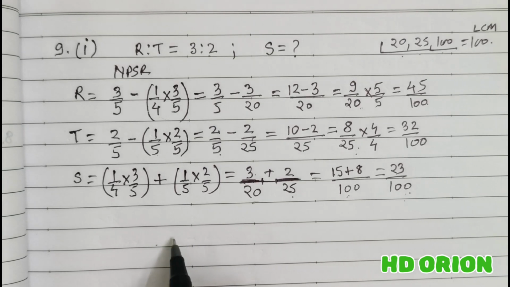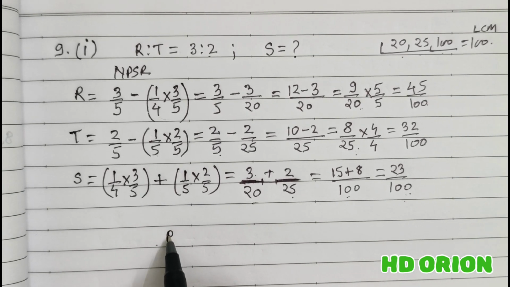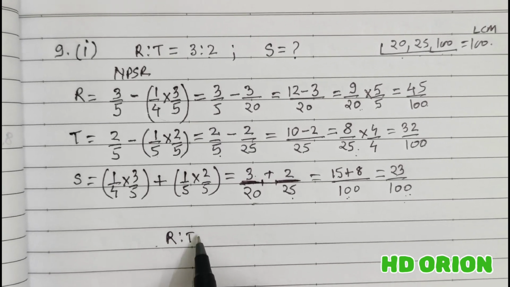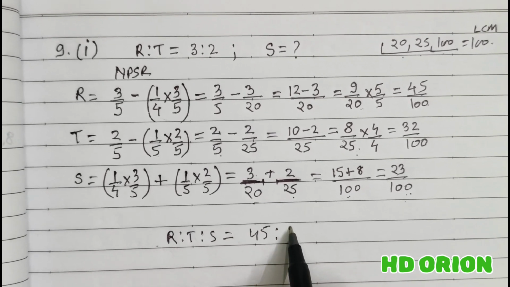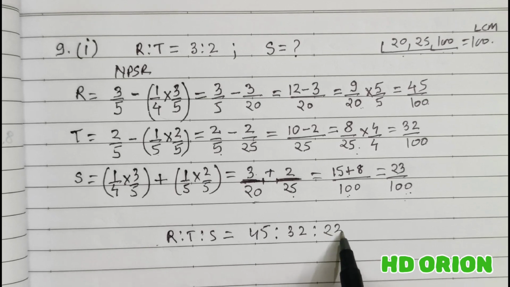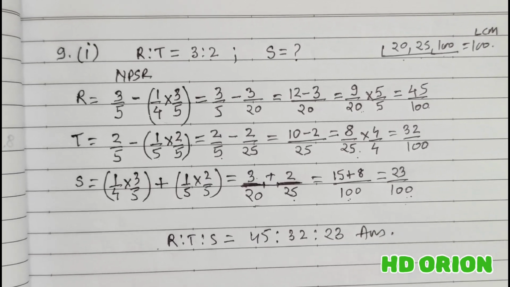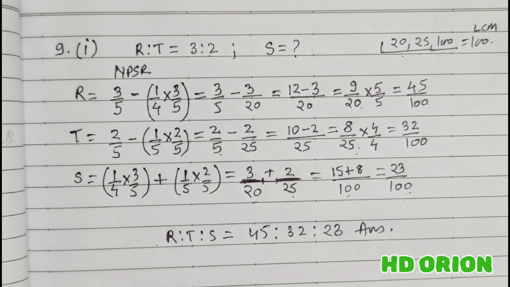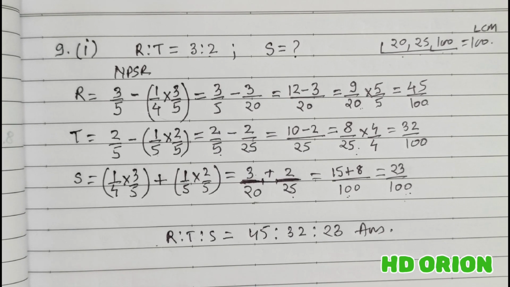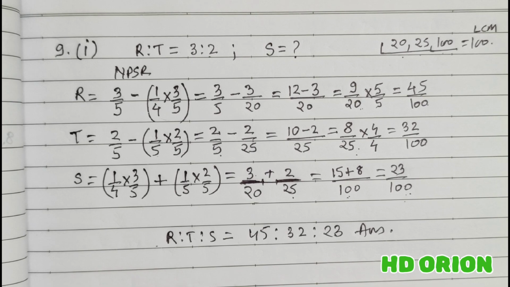Therefore the numerators will be, so R is to T is to S is 45 is to 32 is to 23. This is our new profit sharing ratio. And what is the sacrificing ratio then? Though it is not asked in the question.